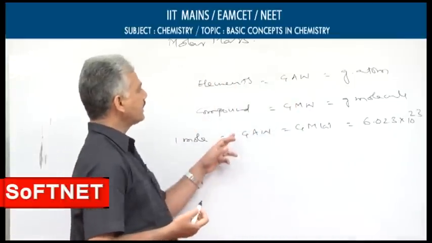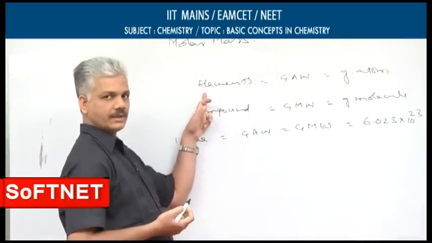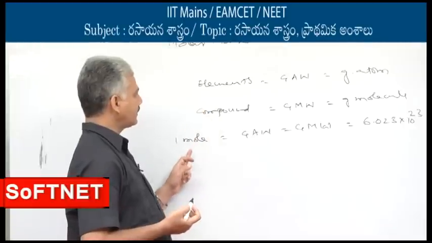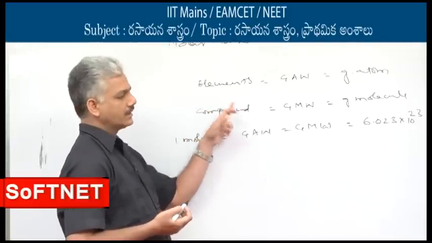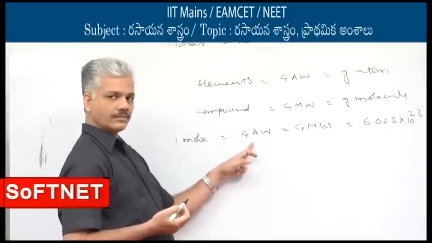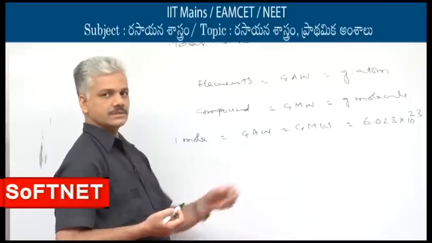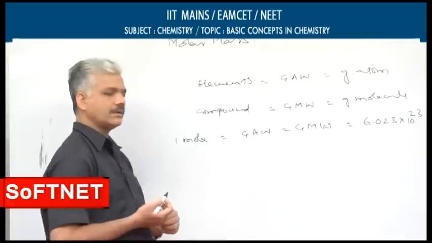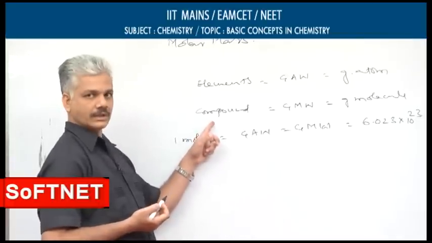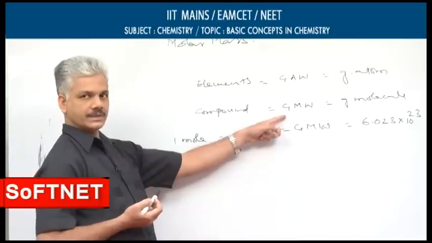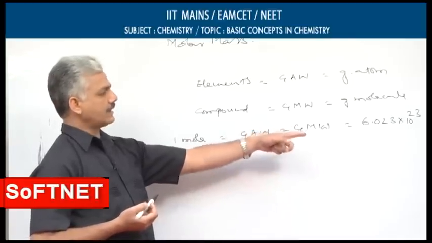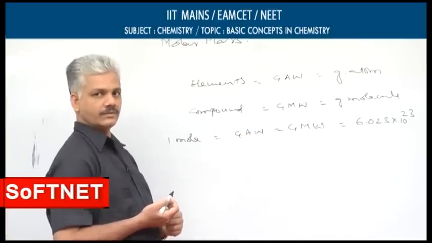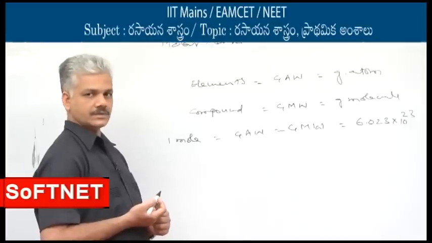In case of elements, structural units will be atoms. Therefore, 1 mole of an element is equal to gram atomic weight and also equal to Avogadro number of atoms. Similarly, 1 mole of a compound has weight equal to its gram molecular weight and is also equal to Avogadro number of molecules.